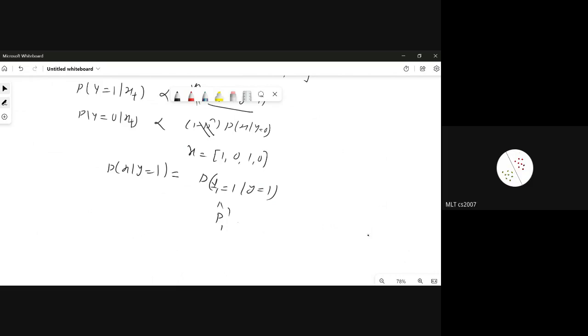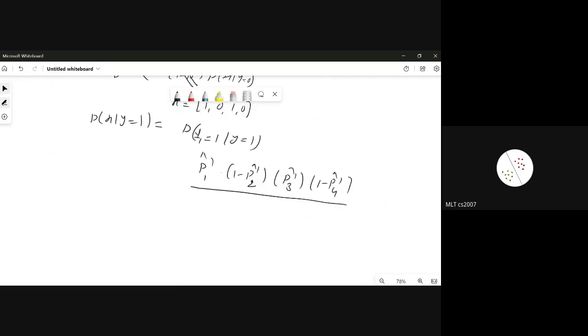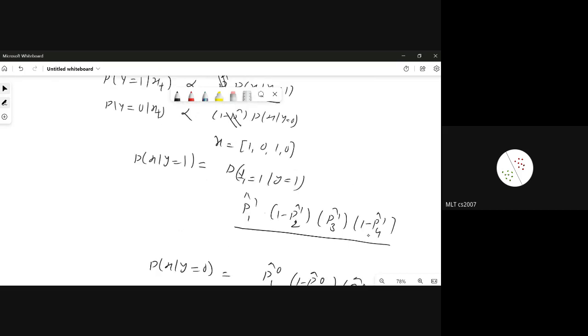Similarly, this is 1 minus p2 1 hat, and this is p3 1 hat, and this is 1 minus p4 1 hat, right? So you have these values. Similarly, for P of x given y equal to 0, you will have p1 0 hat, 1 minus p2 0 hat, p3 0 hat, and 1 minus p4 0 hat, and you just put those values and check which one is higher.